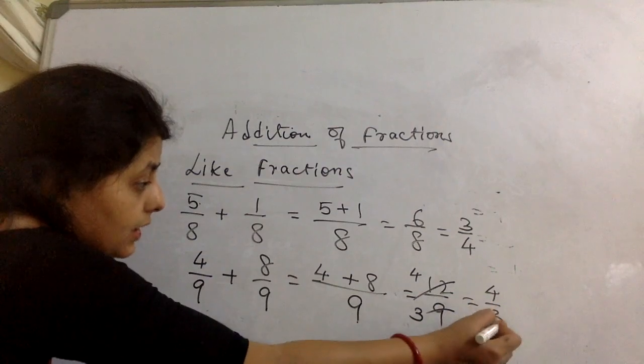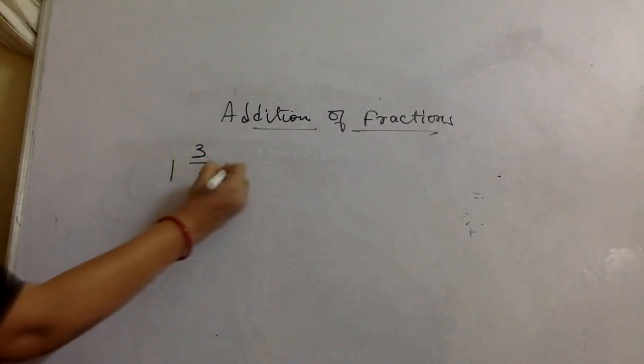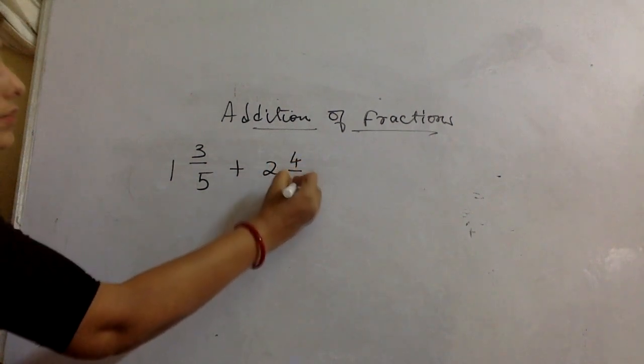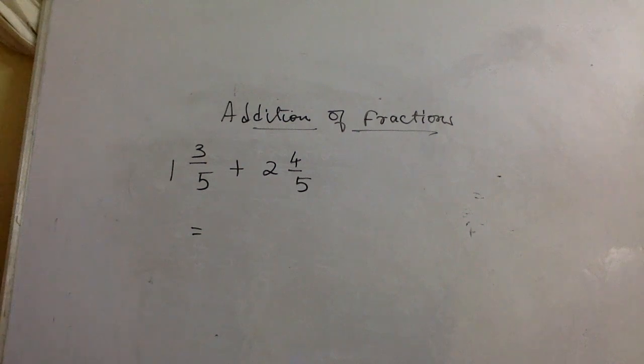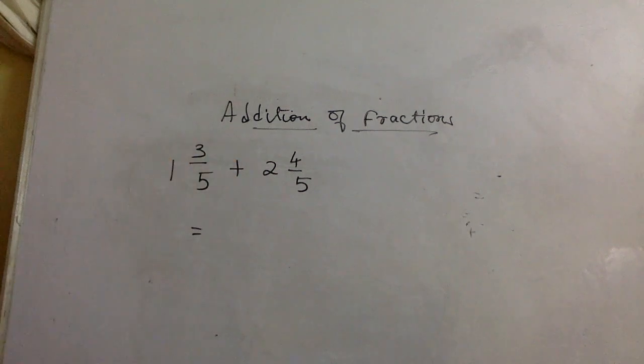So it is 4 by 3. Now 1, 3 by 5 plus 2, 4 by 5. Okay. So this is 1, 3 by 5 and 2, 4 by 5. How do I add them? First thing is I convert them to improper fractions.